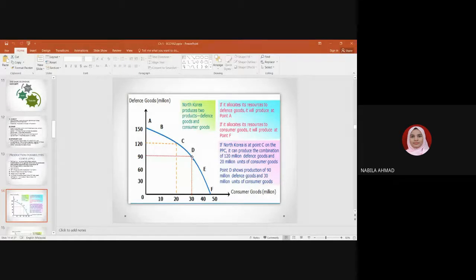Point D, North Korea uses all the resources to produce 90 million defense goods and 30 million consumer goods. Boleh faham tak? Boleh. Okay. So all point on the PPC ini adalah efficient point. Efficient kenapa? Sebab resources digunakan sepenuhnya di atas point ini.